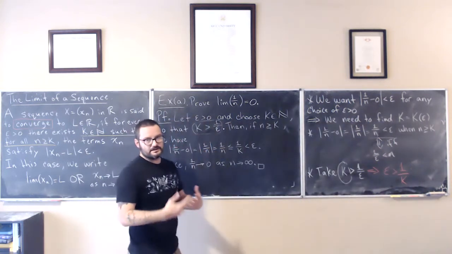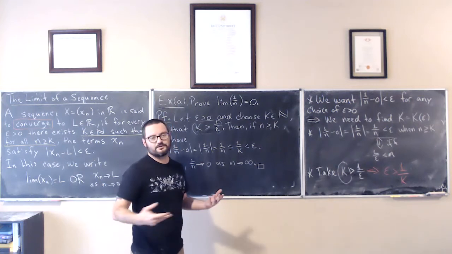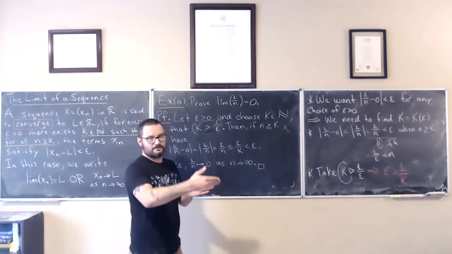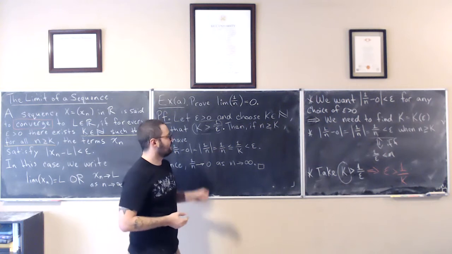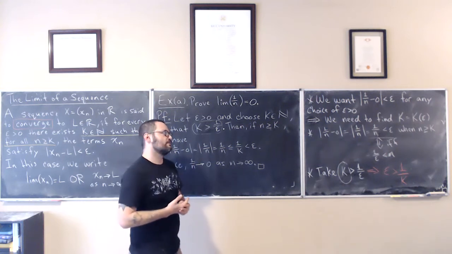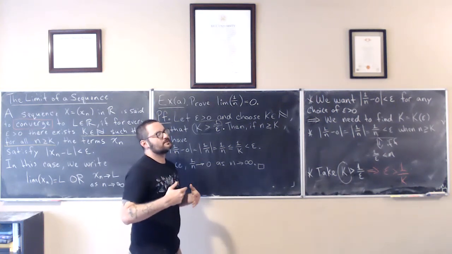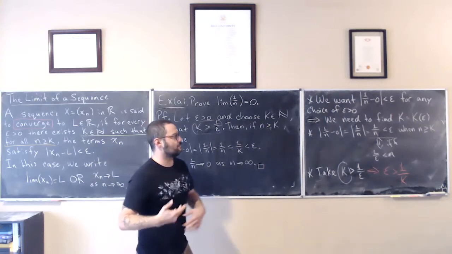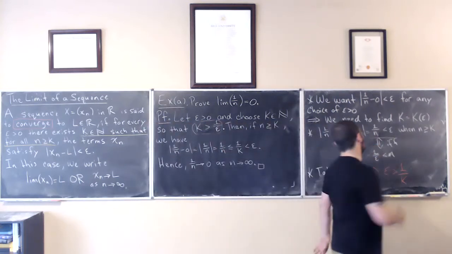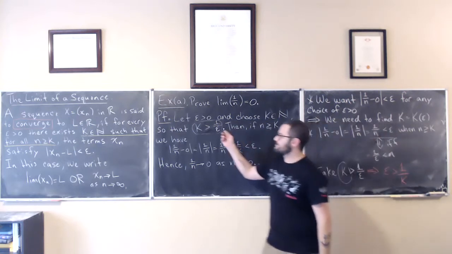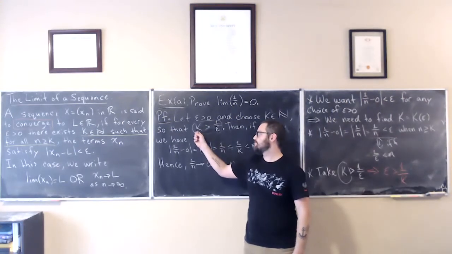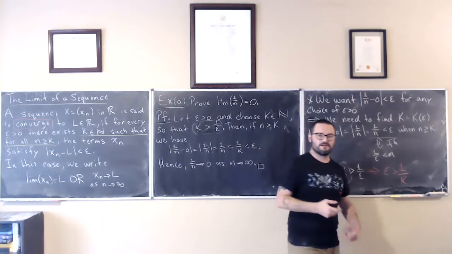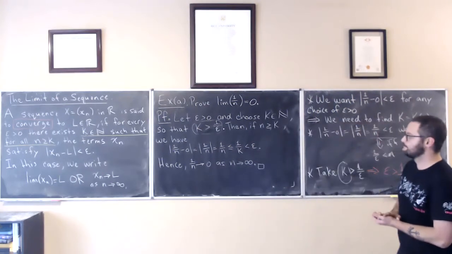And k, that index, or capital N, or whatever choice of cutoff index you have, is always going to be some function of epsilon. You give me an epsilon, and then you have to be able to choose the k that works.